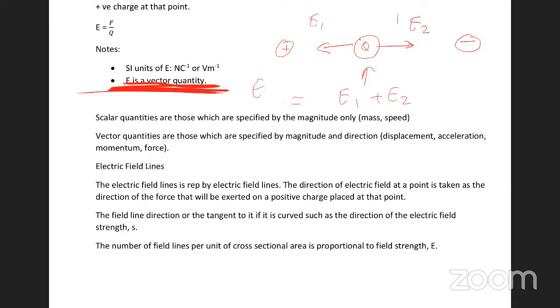One direction might be positive, one negative. Because it's a vector quantity, we have to find the algebraic sum of all the electric field strengths acting on it. So we'll do E1 plus E2, where one will be negative, so we have to consider the signs. Remember, vector quantities are those that have magnitude and direction. Once you're doing electric field strength questions, remember it's a vector quantity. Next, calculations just now.